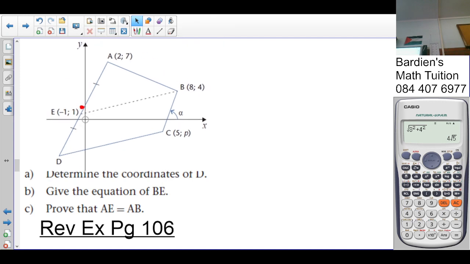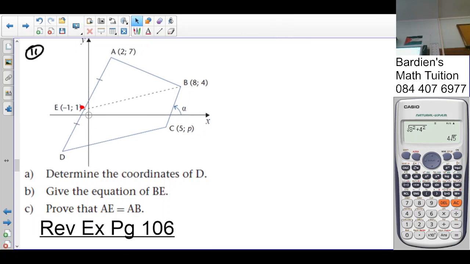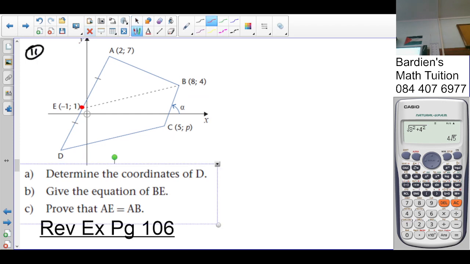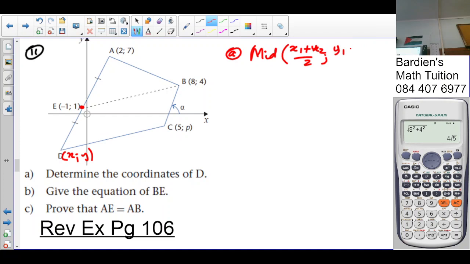This is number 11, eh? Okay. I ask you to work out the coordinates of D. So let's make D x and y for now. Then we know that for the midpoint, it's normally x1 plus x2 over 2, y1 plus y2 over 2.